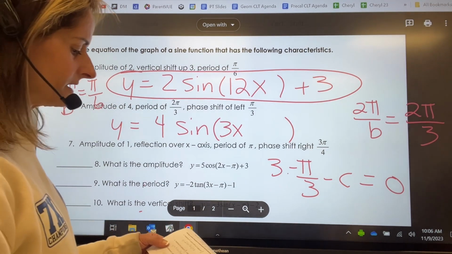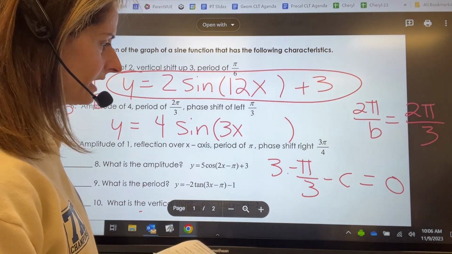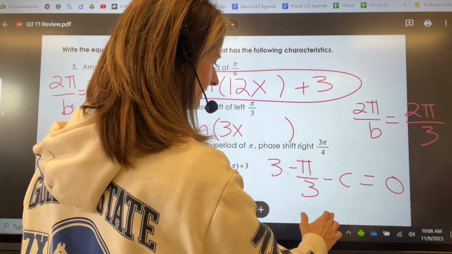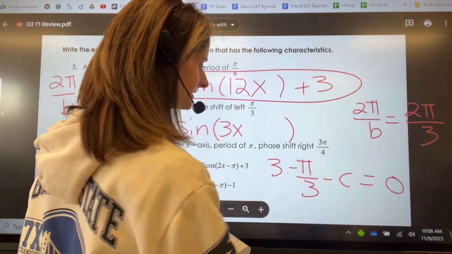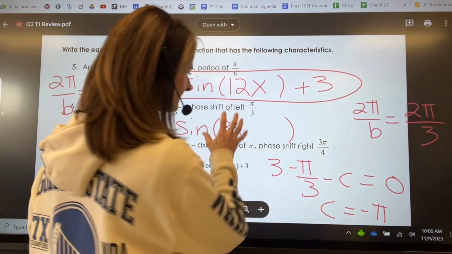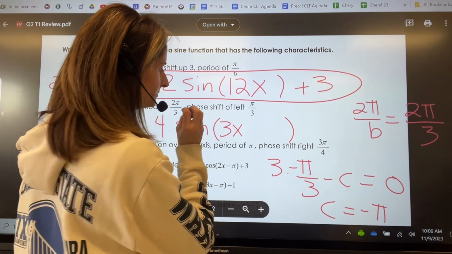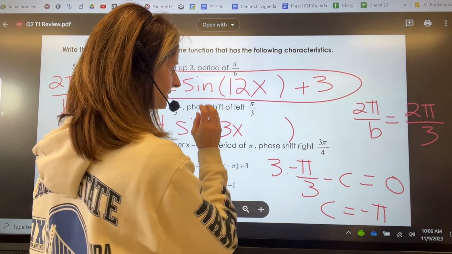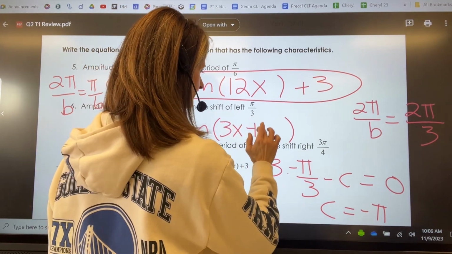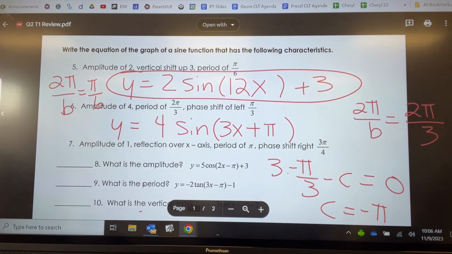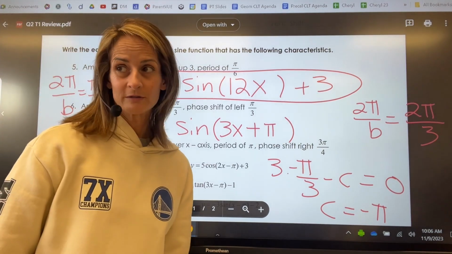So that's just going to be, looks like it's going to be negative pi. Because if I move the c over, it's going to be positive. These 3's will cancel. I'm going to end up with c is negative pi. And in the formula, it's bx minus c. So it's 3x plus pi. That's the hardest part.